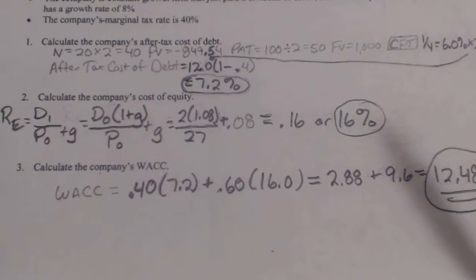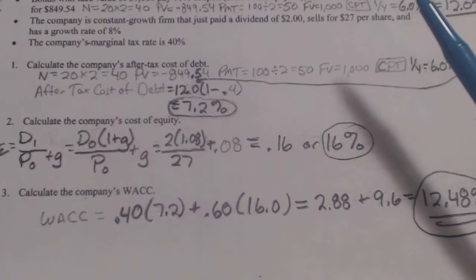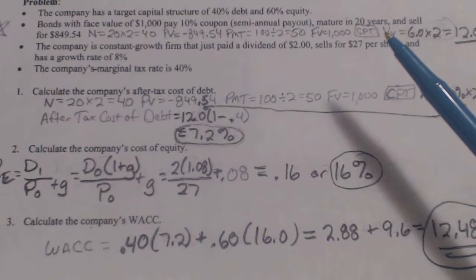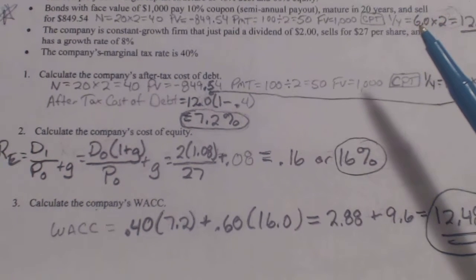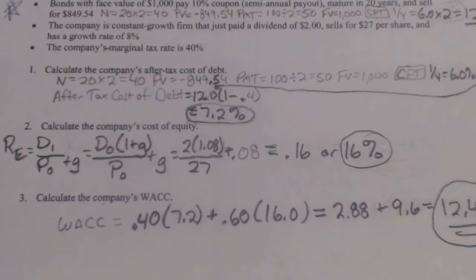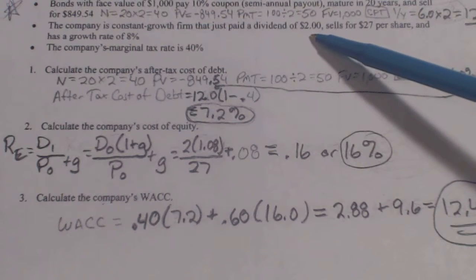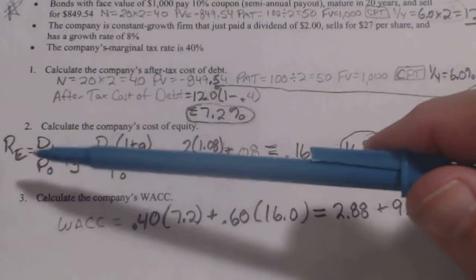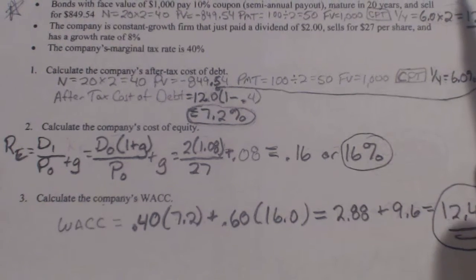Calculate the company's cost of equity. They gave you the information up here. It says you want 40% debt and 60% equity. Okay. So they give you that it's a constant growth firm. We just paid a dividend of $2. So we want RE. This is the constant growth method, the dividend growth method or something like that.